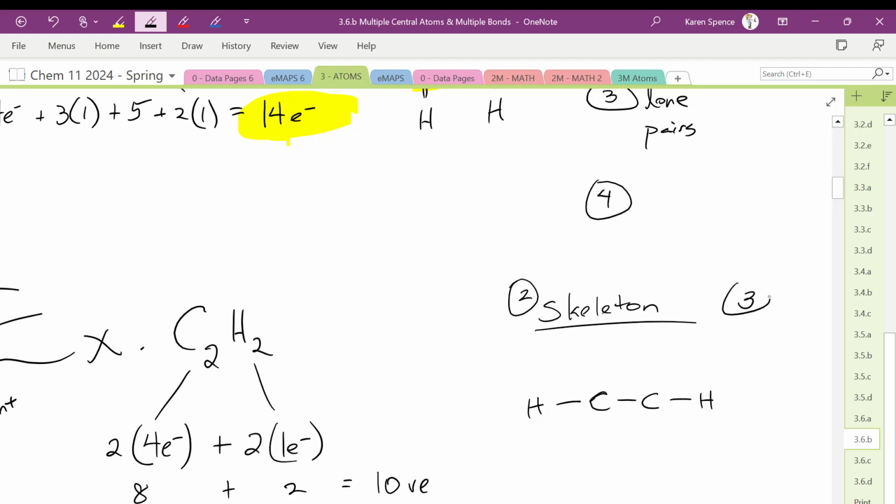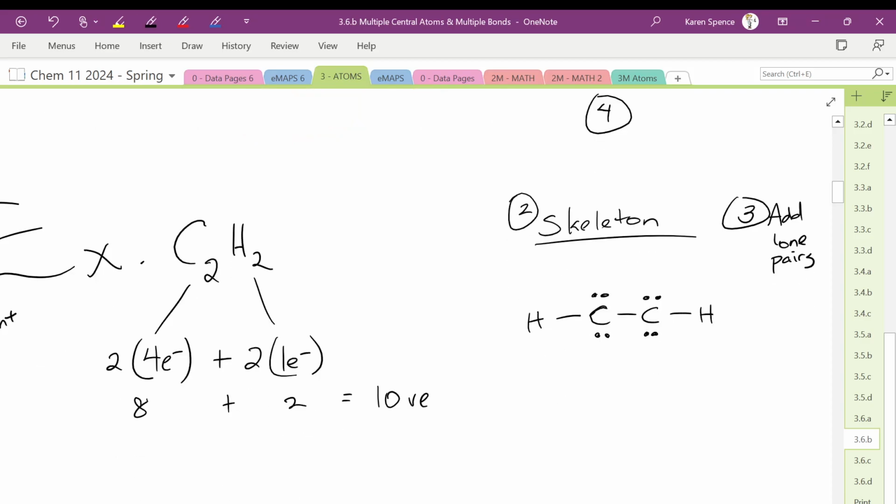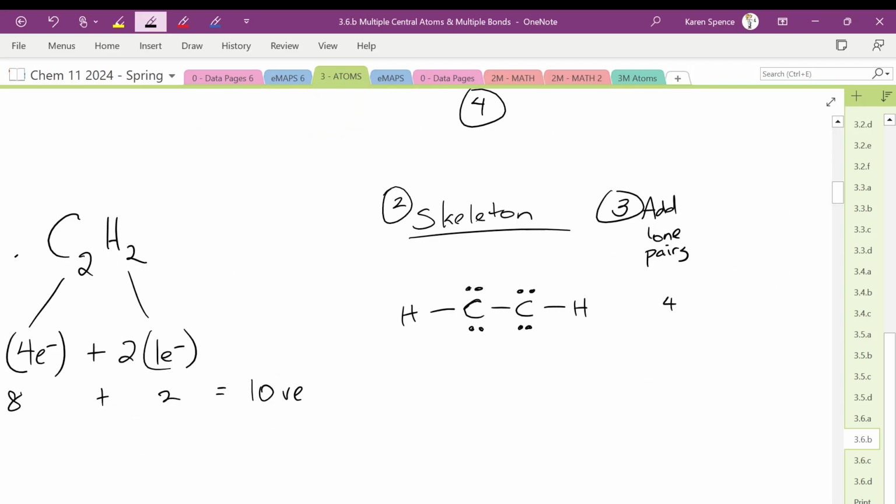Number 3, you're going to add what? Lone pairs. Who needs lone pairs? Carbon, we need 2 here and 2 here. Step number 4, count and check.